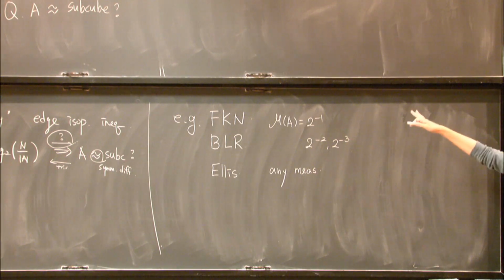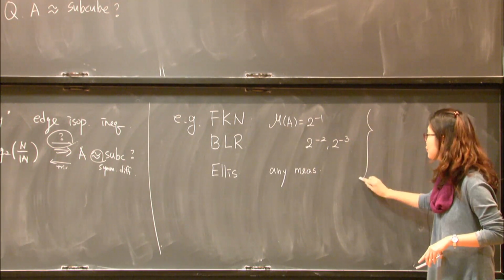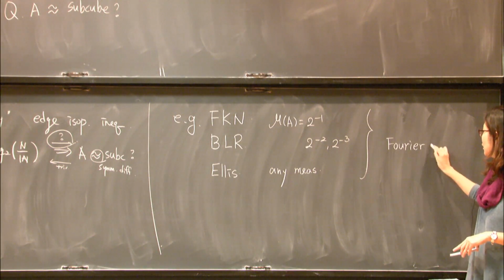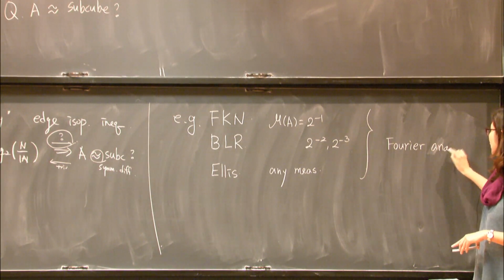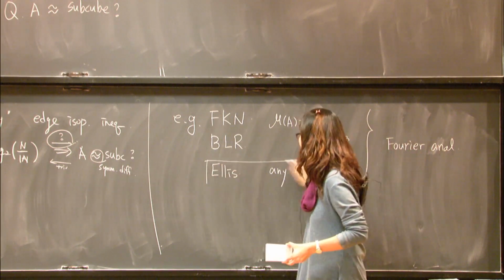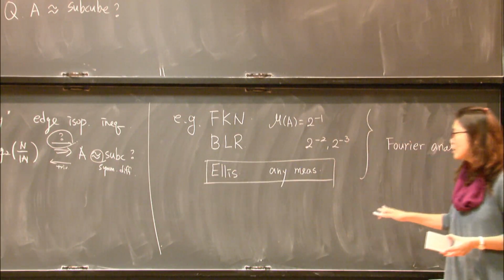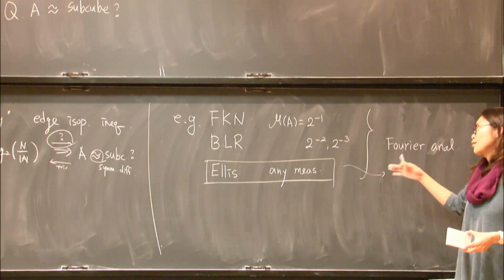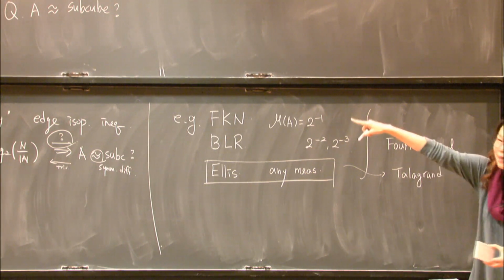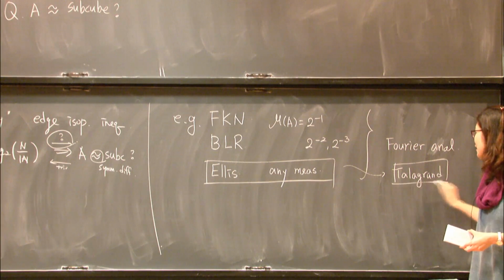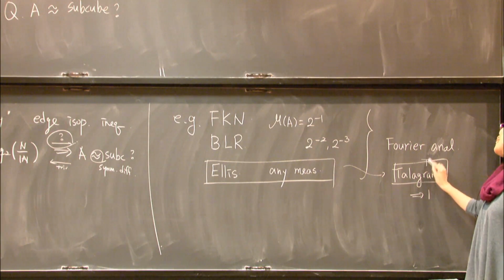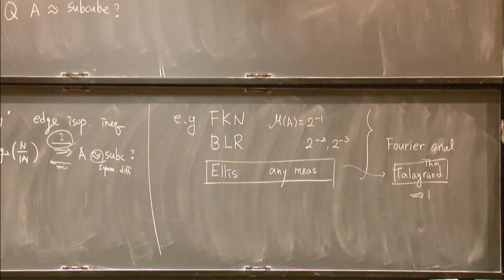But as you see, it was not easy work, and their proofs are all based on some Fourier analytic method. For example, Ellis's argument is based on some theorem by Talagrand, but this Talagrand theorem is not the same as that Talagrand theorem.